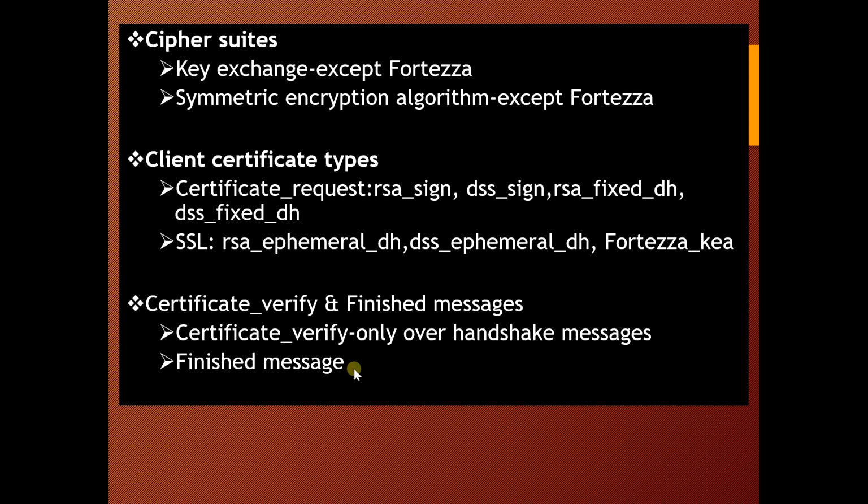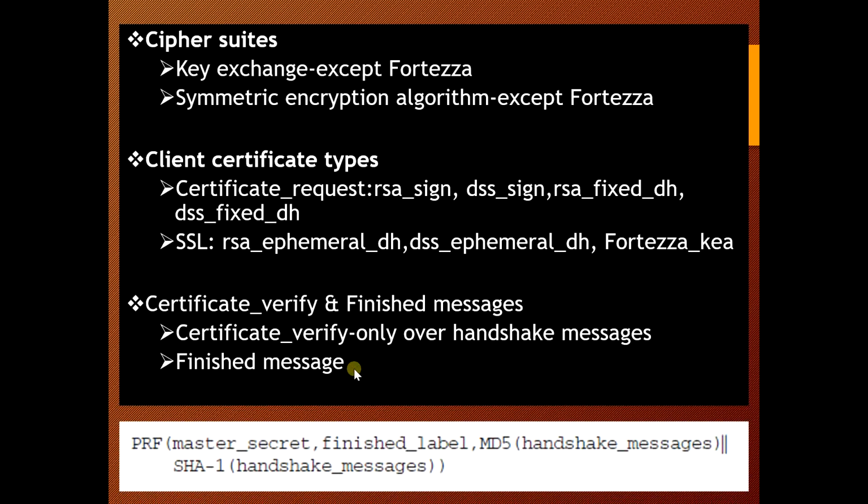In TLS, we can compute it as PRF(master_secret, finished_label, MD5(handshake_messages) concatenated with SHA1(handshake_messages)). So both hash algorithms, MD5 and SHA1, are being used. The finished label corresponds to the string "client finished" for the client, and "server finished" for the server.